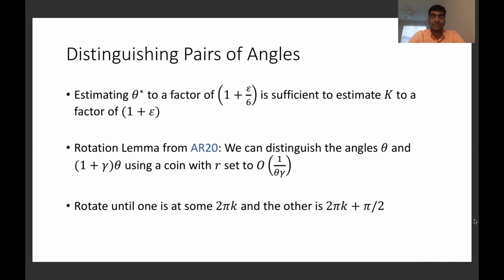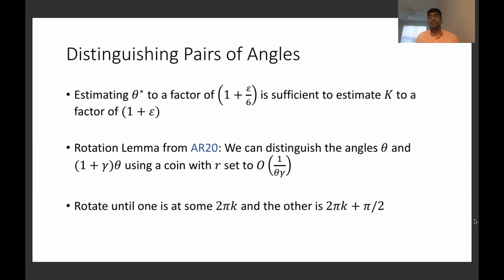Now, to distinguish a pair of angles, we can do the following. If the angles are theta and theta times 1 plus gamma, we want to prepare a coin with some bias such that if our actual angle theta star corresponded to angle theta, we would rotate until the angle is like some 2 pi k. And if our actual angle were actually 1 plus gamma times theta, it would make us rotate till 2 pi k plus pi over 2, or roughly there.